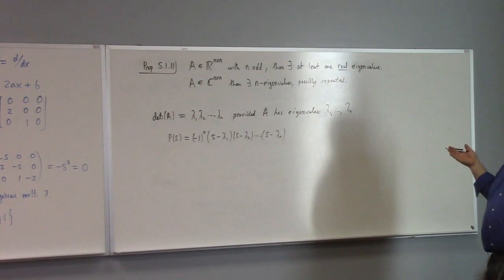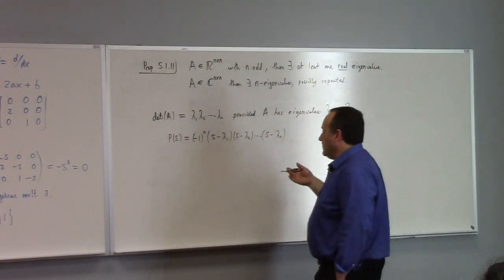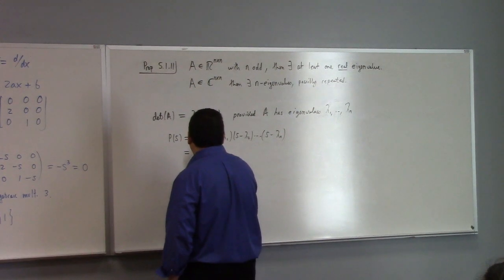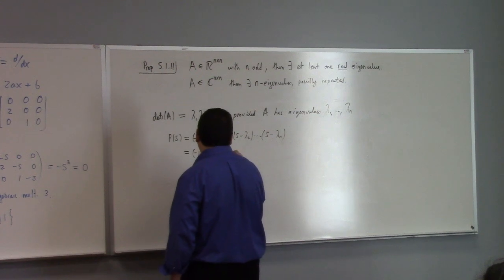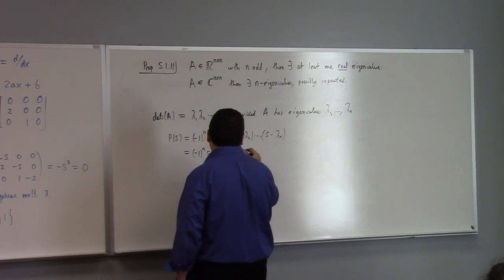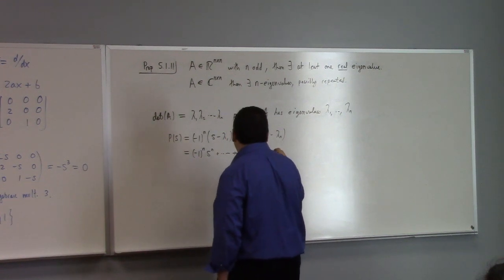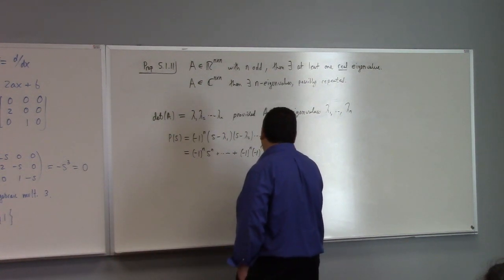What happens when you multiply this out? You have minus 1 to the n, and you've got minus 1 to the n times the product of the lambdas.